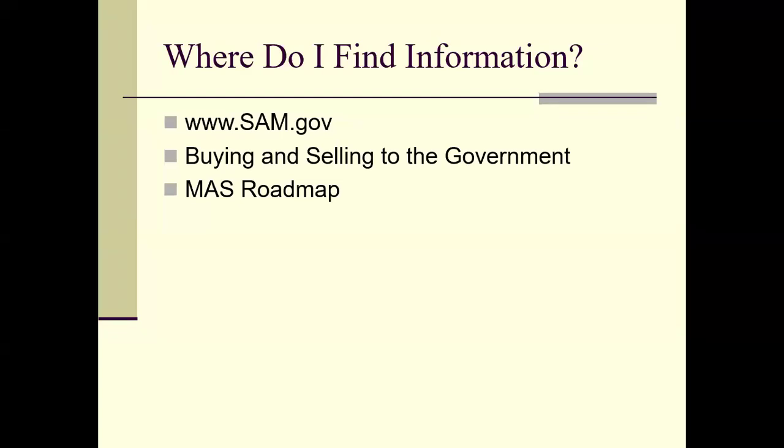And you can also go to the MAS roadmap and type that in, and information will come up. Or you can go to what's called eLibrary, and you can download the contract document that'll take you directly to the SAM listing. And that's probably the easiest way to find what you need and find where you're at and where you need to start from.